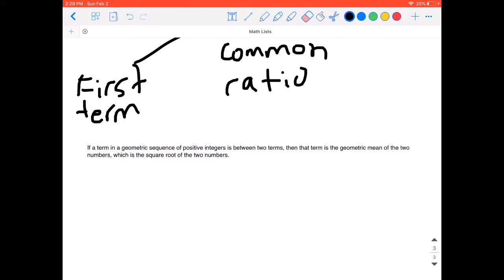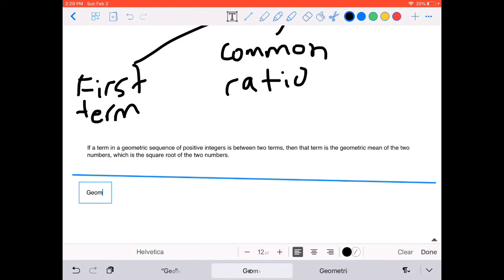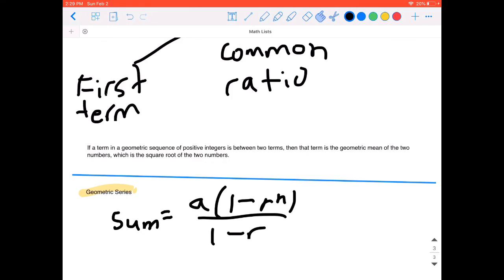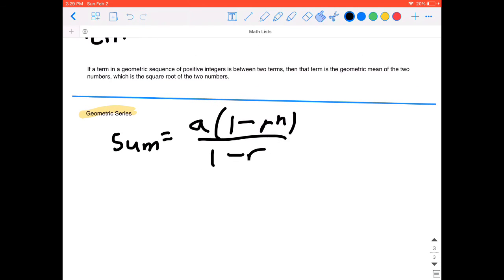And finally, we're done with this section. We have the geometric sum. And the reason why I suggest using this instead of any other formula that your teacher gave you is because, let's say there isn't a designated number of terms.